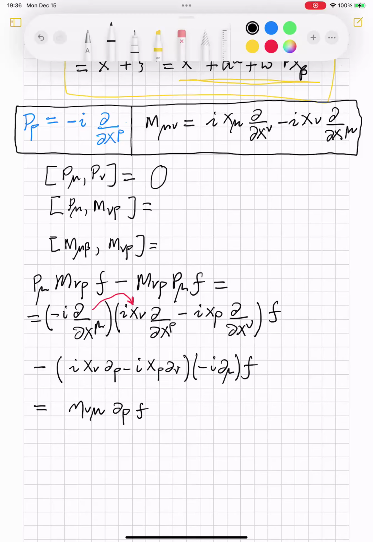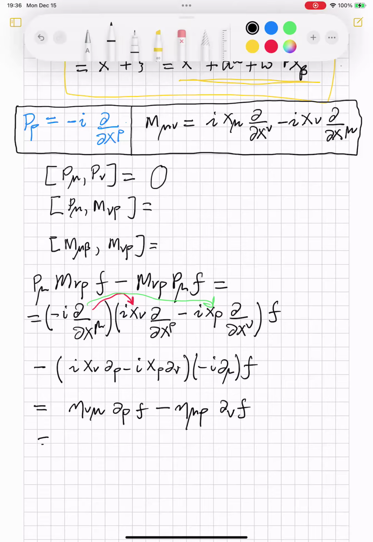Then we've got a minus i times a minus i. Now I am looking at where this derivative acts on this x rho. A minus i times a minus i is a minus. The d mu down on the x rho down will give us an eta mu rho, and we've got d by dx nu, so d nu acting on f.